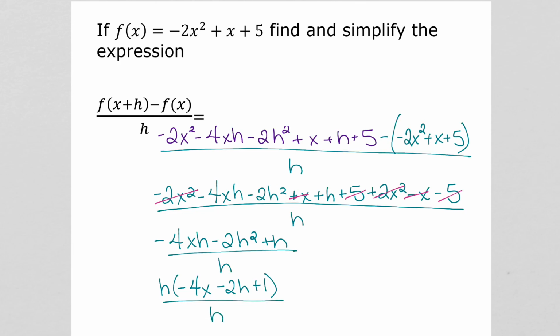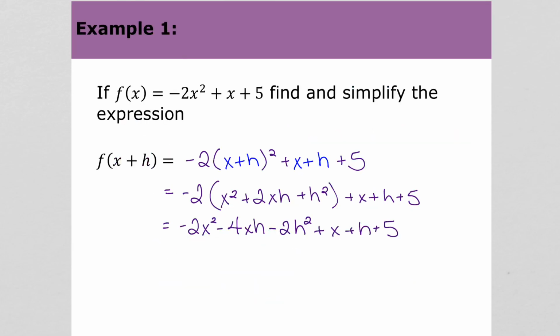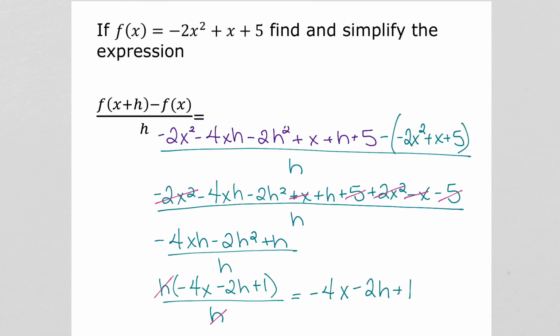Now we can cancel out the h on the bottom. So that's nice, and we're just left with negative 4x minus 2h plus 1. And that's how you find the difference quotient. First, you find f of x plus h, and then you take that and plug it in, subtract off f of x, and divide by h.